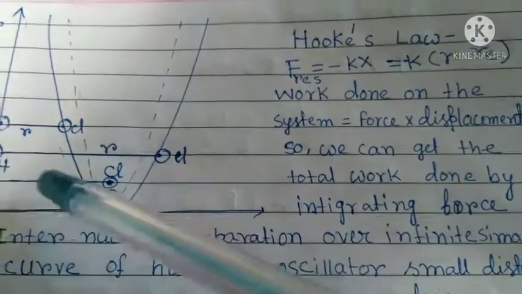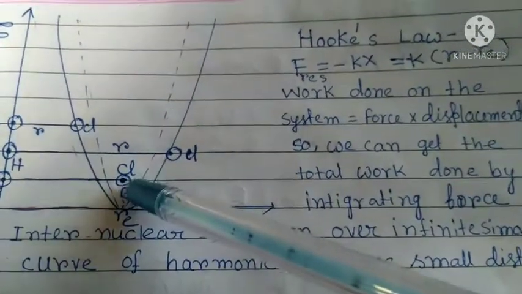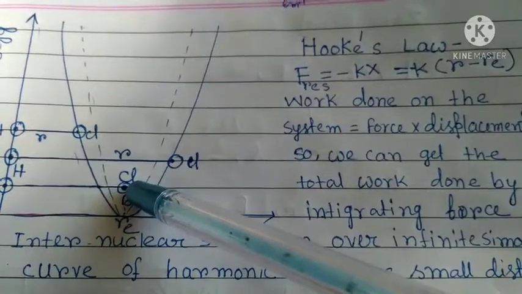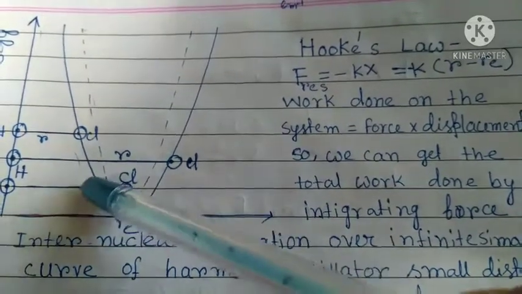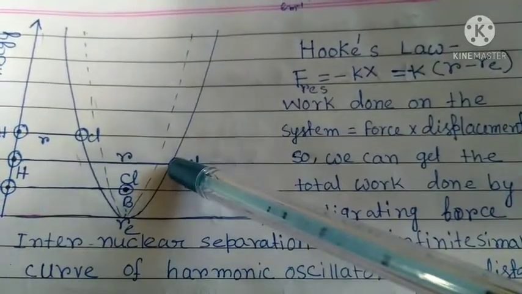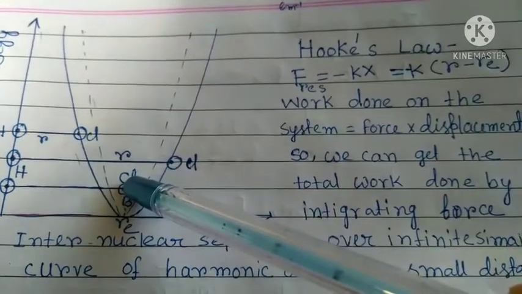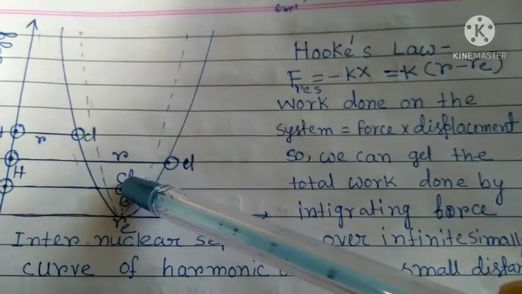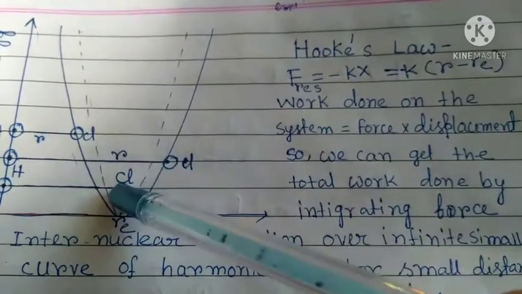Now, when you stretch, when the bond gets elongated, see the position of the Cl atom changes from this to this.